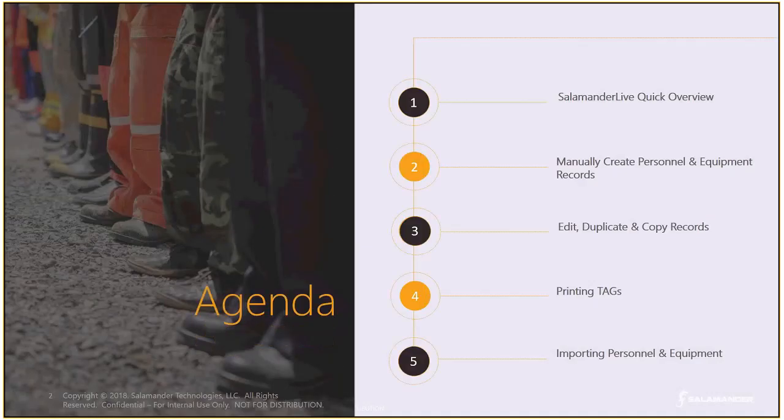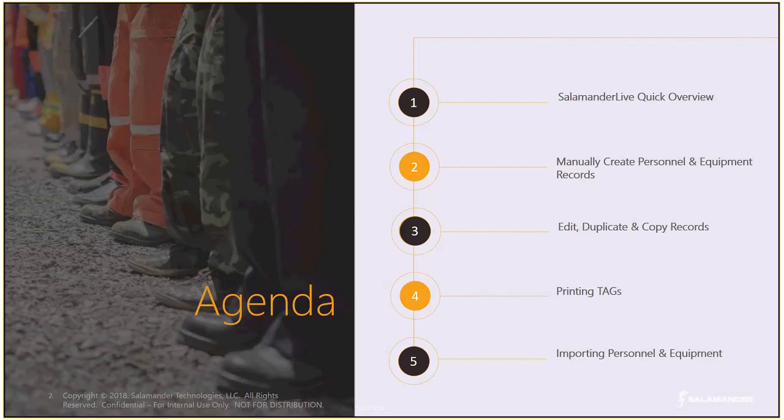So here's a quick look at our agenda for this call. We're going to first do a quick overview of Salamander Live for those of you that may be new to the solution and are seeing it for the very first time. And then we're going to go right into the meat of the presentation and look at how to manually create personnel and equipment records. We're going to take a look at how to edit and duplicate and copy records.